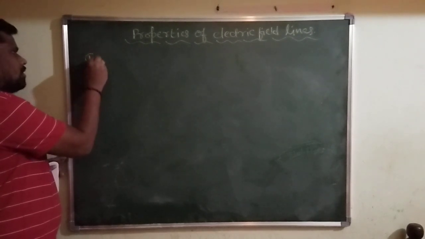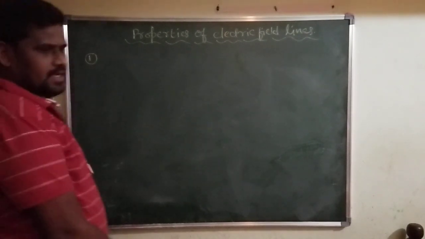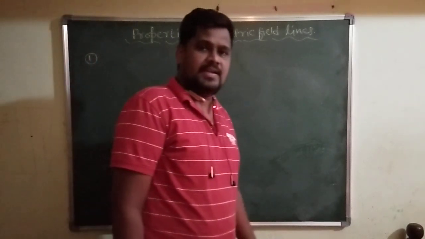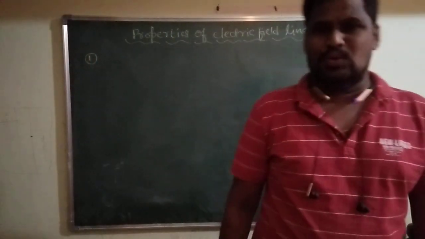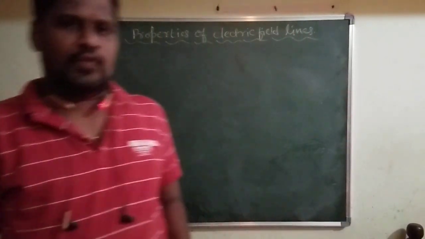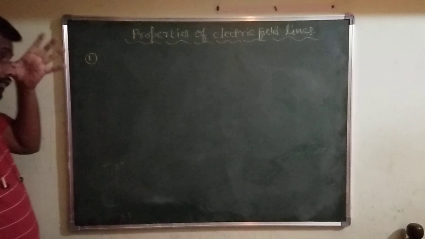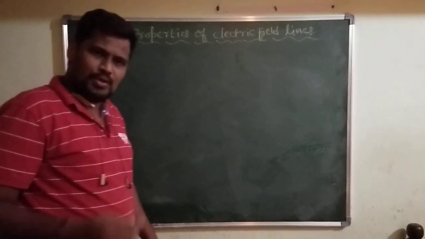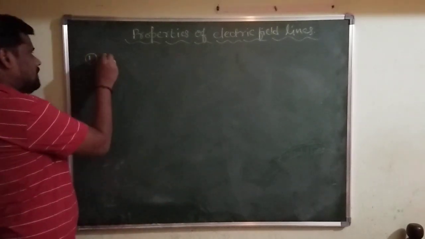The first important property of electric field lines is that electric field lines never form closed loop. Concentrate here. Electric field lines never form closed loop. So what is the first property?